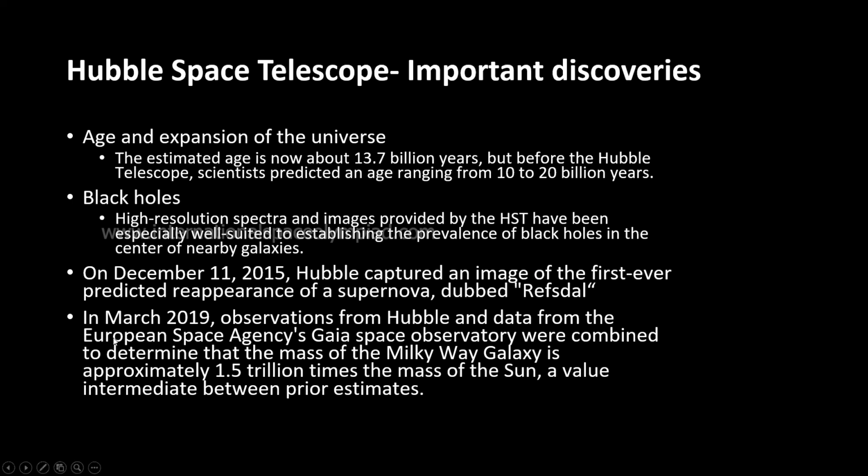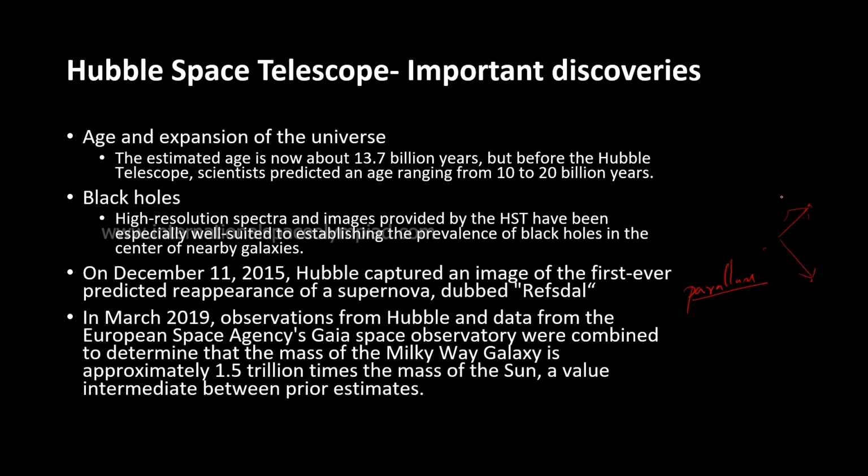There is another one in March 2019, using the help of Gaia. Gaia is another space telescope which measures something called parallax. It observes all the stars and measures their parallax, and parallax is a method of measuring distance. So by getting the parallax, Gaia can measure the distance to different stars.